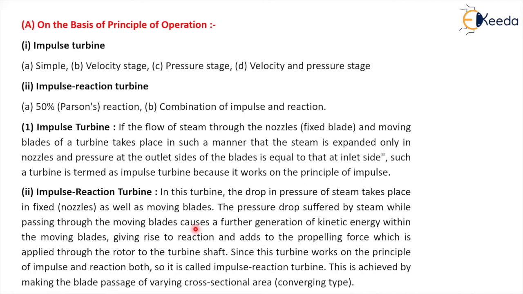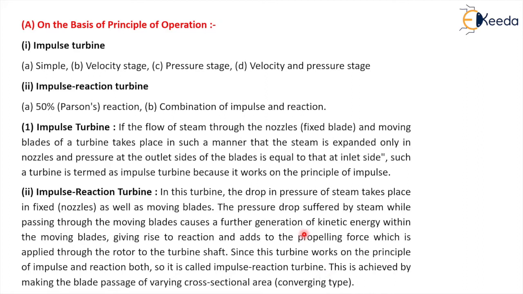So because of that increase in kinetic energy in a moving blade, a propelling force will be generated, which is applied through the rotor to the turbine shaft. Since this turbine works on the principle of impulse as well as reaction both, it is called the impulse reaction turbine. I think it is clear.